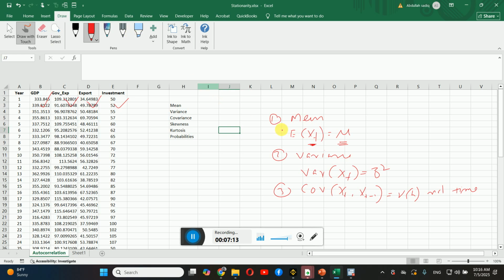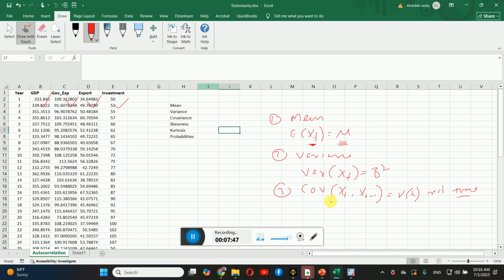Once again, in each variable, the mean value is constant, the expected value of xt is constant. The variance is constant, or you can say the volatility, the spread around the central values, is constant. And for the covariance, you're checking the dependence of xt on xt minus 1. If this dependence, or this relationship, is just because of the lag value and not because of the actual time, then the time series data is stationary.